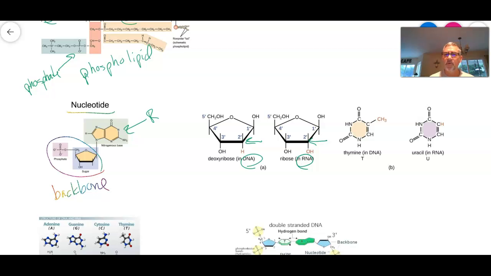That's why RNA only forms single-stranded, DNA will do double. RNA can fold much greater than DNA can because it has that extra oxygen there, and oxygen can make bonds, remember. So again, in DNA we have thymine, in RNA we have uracil. Really similar. So this is different on DNA than it is on RNA.